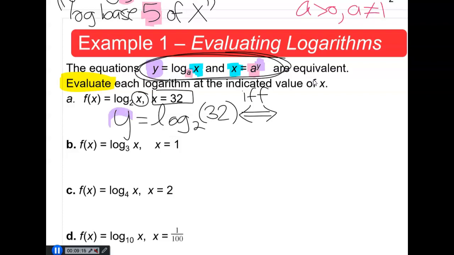And then I'm going to take this y, and that will be the exponent of my exponential. But what I found to be the easiest way is to always start with the base. In this case, the base is 2. So this will be 2 to the power y is equal, and then what else is left for us to do? Well, the 32, the argument.